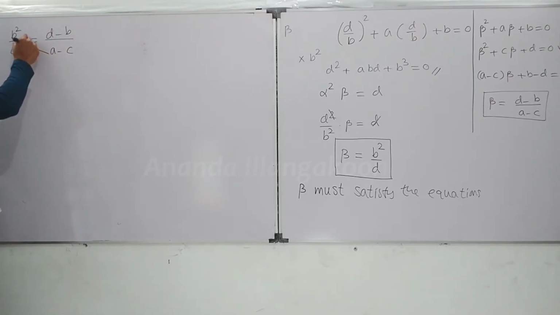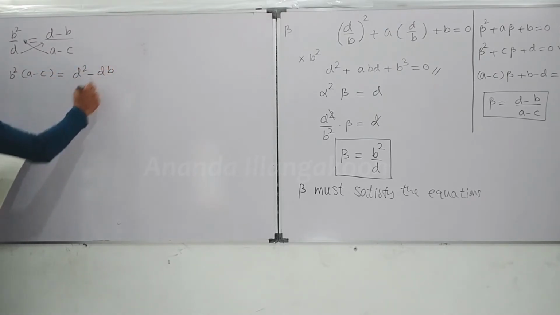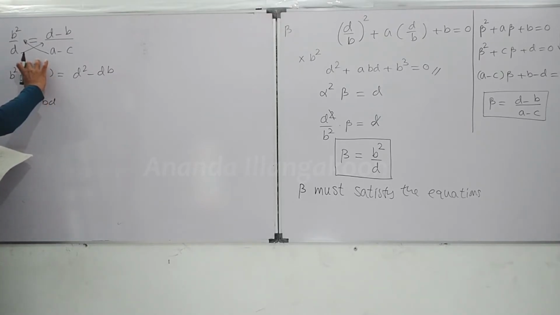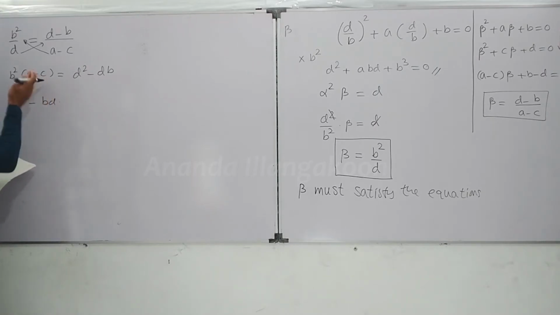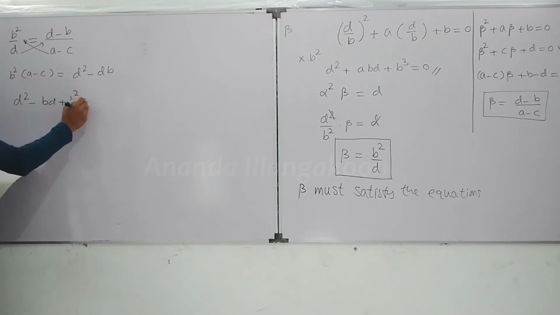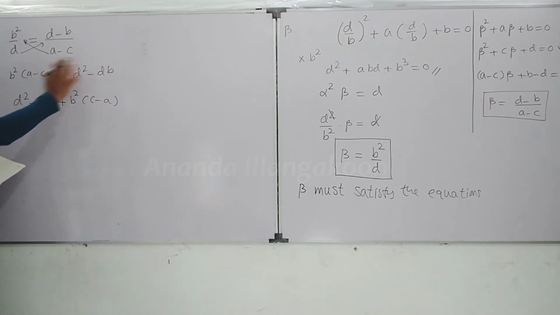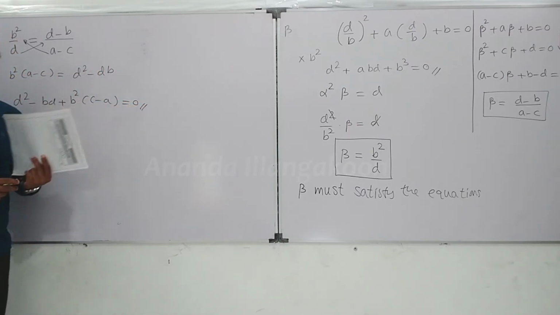Then using cross multiplication and simplifying, you get b squared times (a minus c) equals d squared minus bd. Taking this term to the right hand side, we get b squared times (a minus c) minus d squared plus bd equals 0, right hand side being 0. So this is how we get that answer.